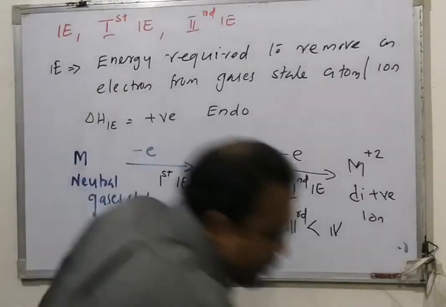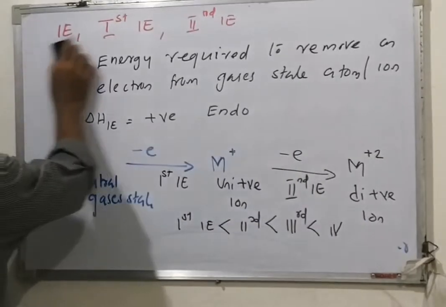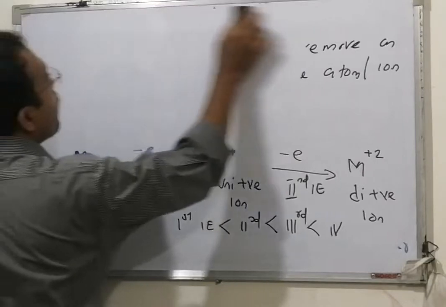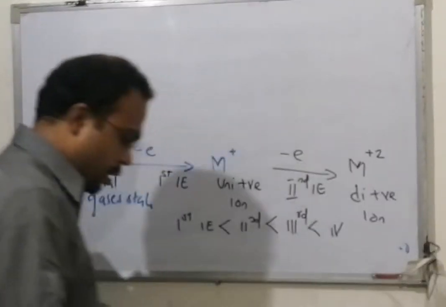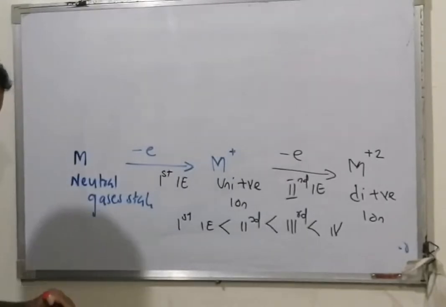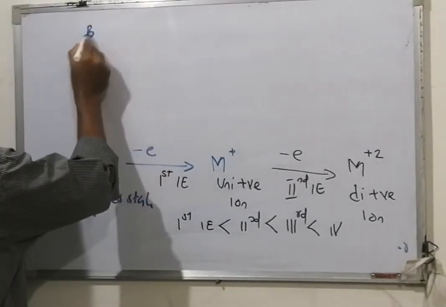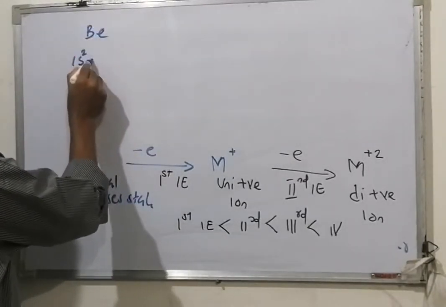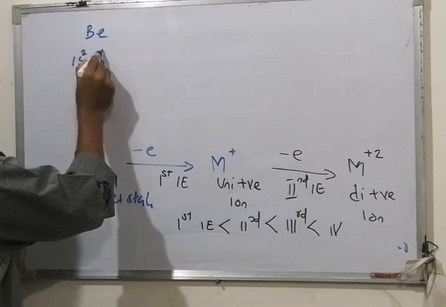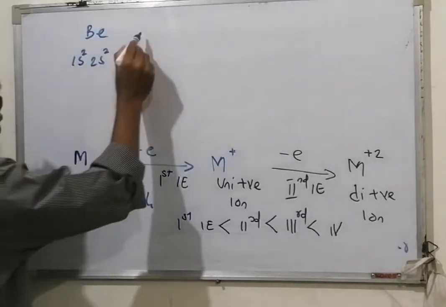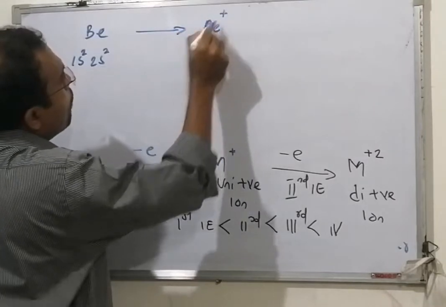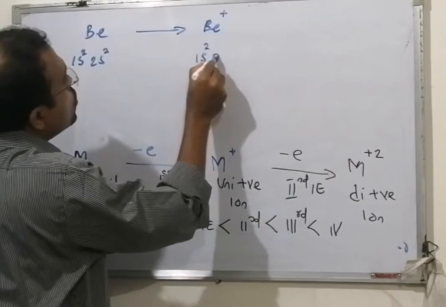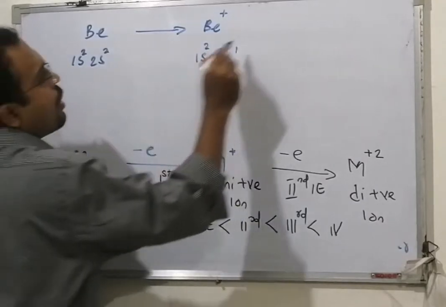We can take another element. Suppose beryllium, 1s2 2s2. After first ionization, you will get beryllium plus, now 1s2 2s1.